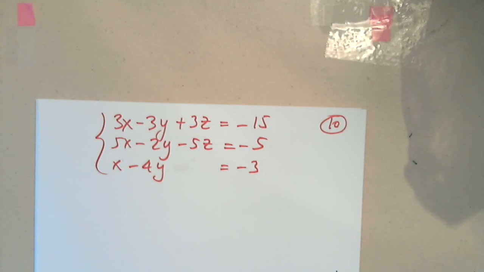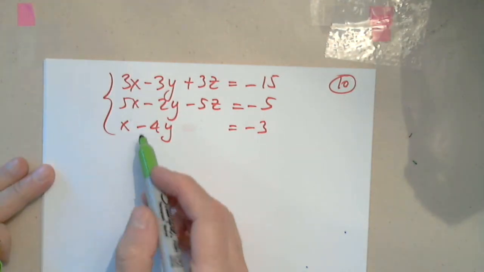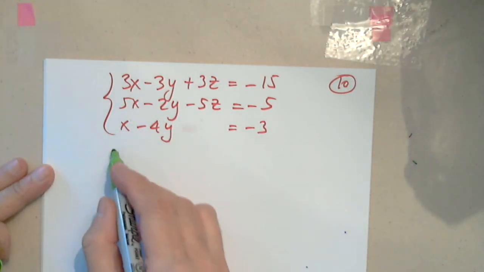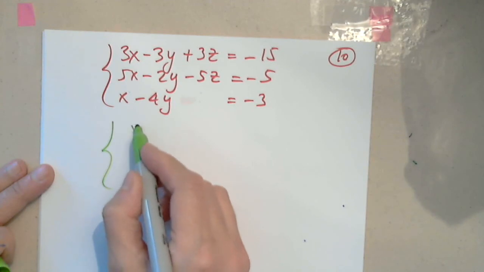First, I look at the system like I always do, and I realize I can simplify the first one. I cannot simplify the second, I cannot simplify the third, but I prefer simplifying the first one by dividing both sides by 3. Yes.